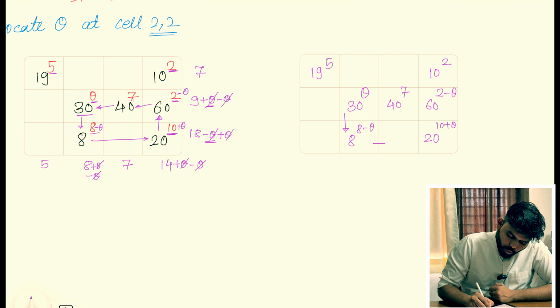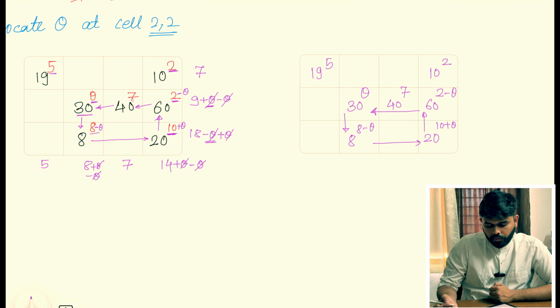And we are getting a loop. We need to form a closed loop. Okay, there is no other method to form a closed loop. We can turn or make a 90-degree turn only if it is an allocated cell, otherwise it's not possible.